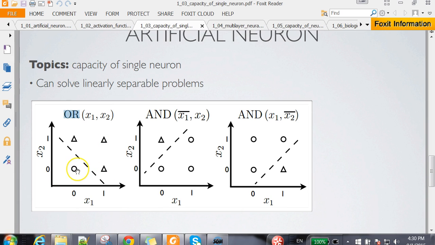So this circle means false and triangle means true. So if the two are false, then you get something false. But any other configuration, for example, this one is false, but this one is true, then the resulting statement, the whole OR statement, is true. So we have this kind of picture. Can we classify this using a linear classifier and get perfect classification?